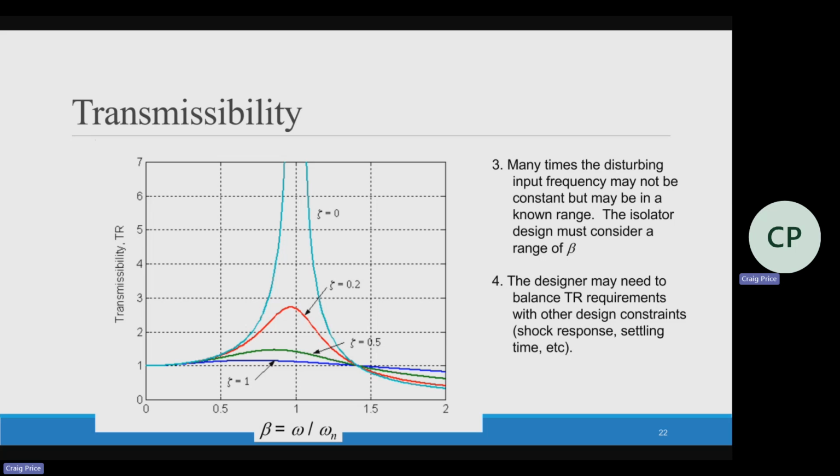Now frequency is kind of a tough thing because we've already talked about time domain. Maybe I really care about settling time. Well, settling time is related to B and K. But if I'm getting too much amplitude out at different frequencies, I have to change B and K. And so when I change those, maybe to make my transmissibility a little bit less, make it better for my system, dampen out some frequencies, now I change my settling time.